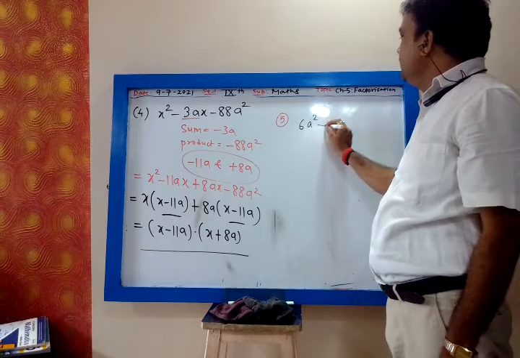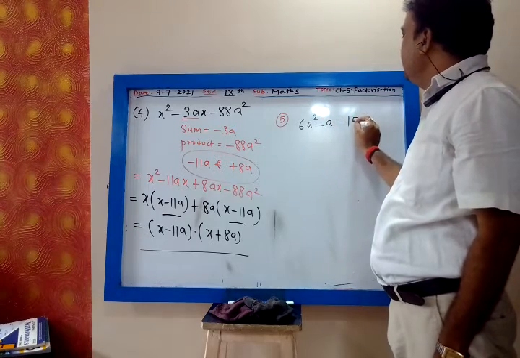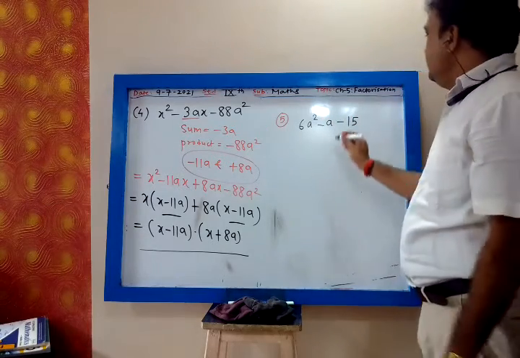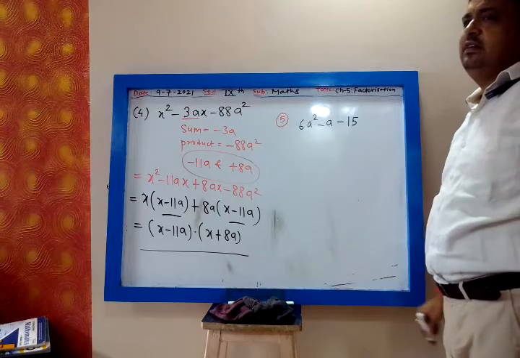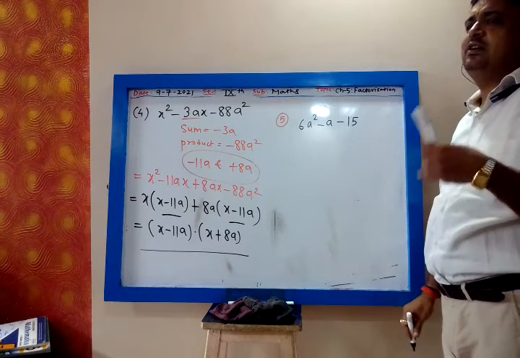No problem. 6a square minus a minus 15. Tell me, quadratic of type 1 or type 2?